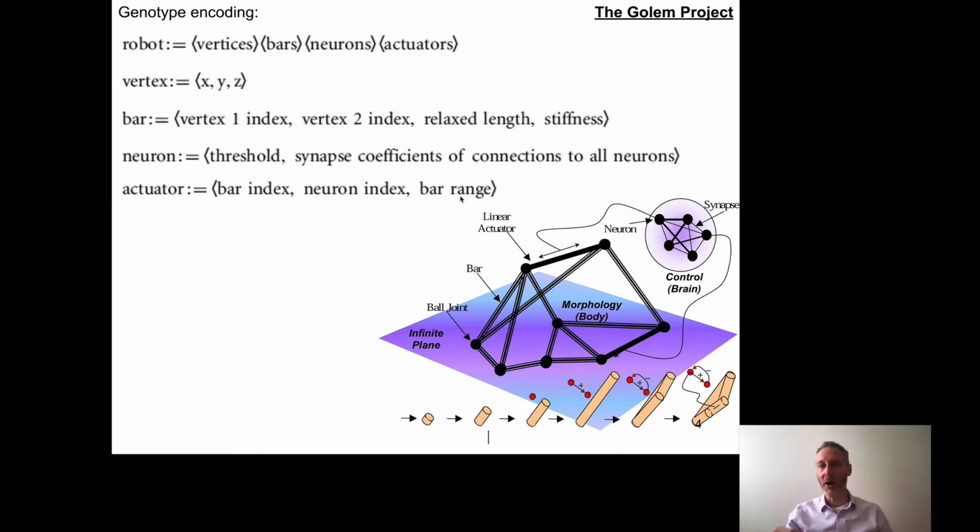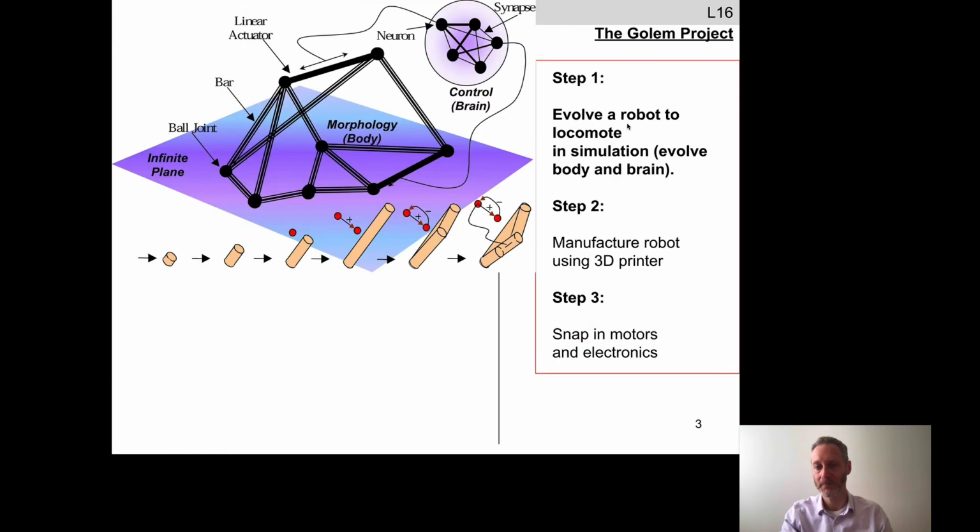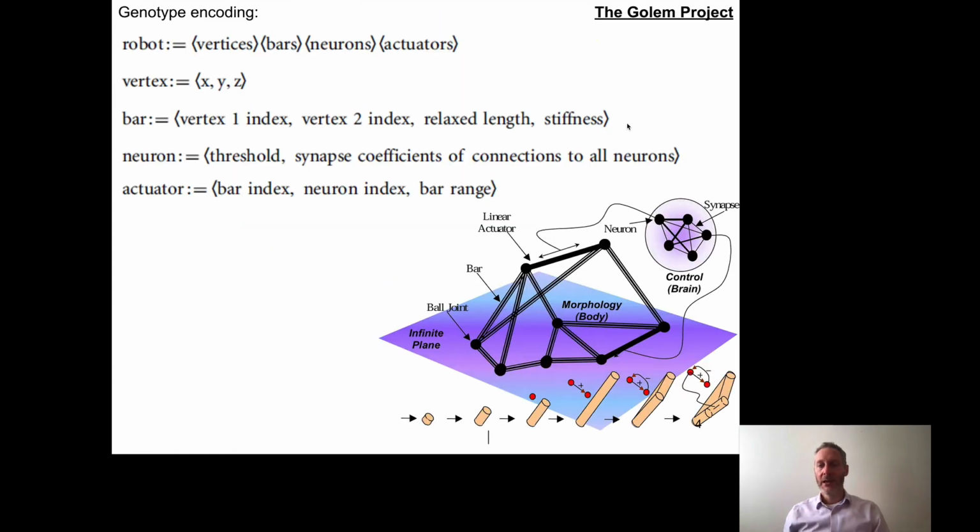The third number, bar range, what I forgot to mention is these are linear actuators or pistons, which can increase or decrease the length of the bar. It's a little difficult to see in this picture. I'll show you some videos in a moment, but as you can already kind of see here, these pistons increase or decrease the length of this piece, and this piece.